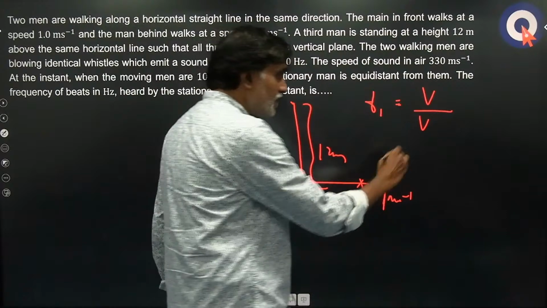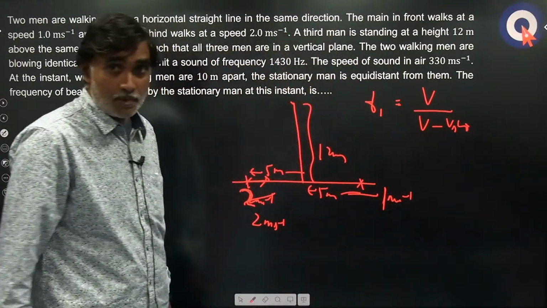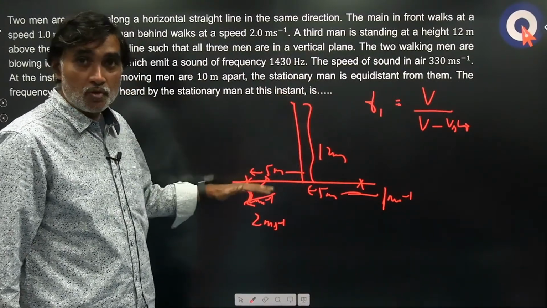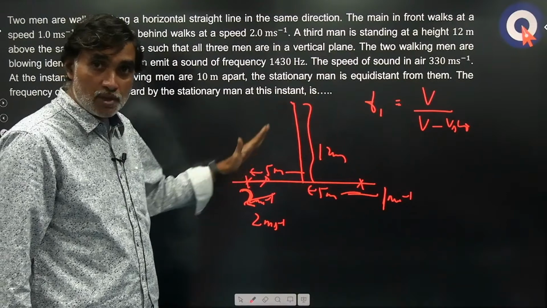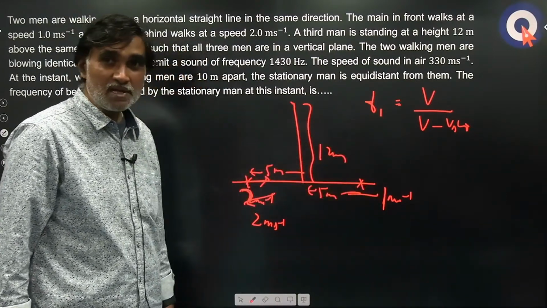In one case it is v minus vs cos theta, in the other case v plus vs cos theta. In the first case the source velocity component is towards the observer, so v minus vs cos theta. In the second case it is v plus vs cos theta.